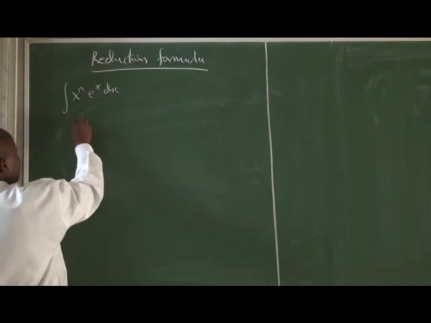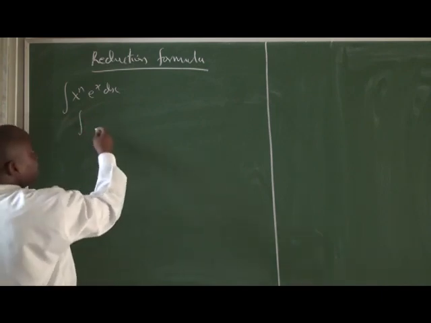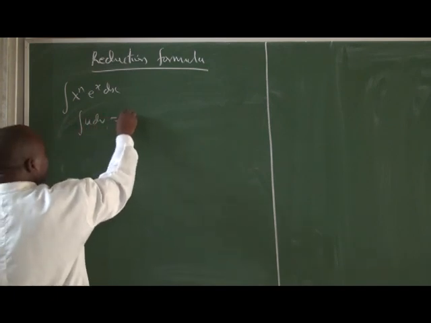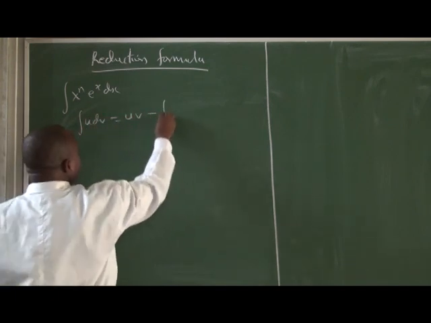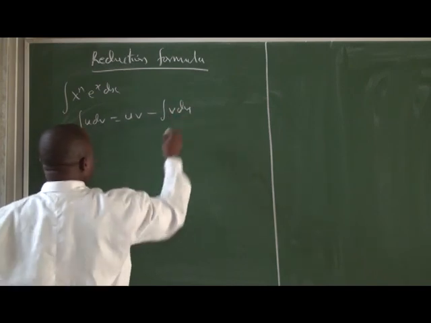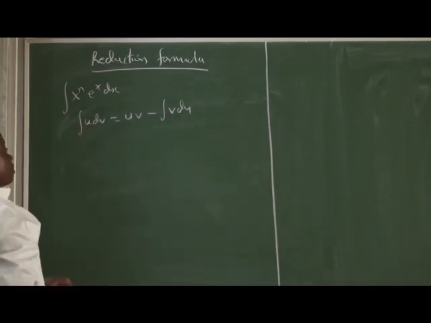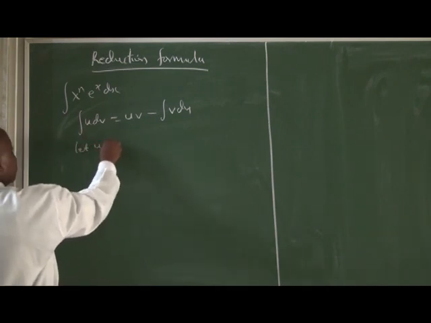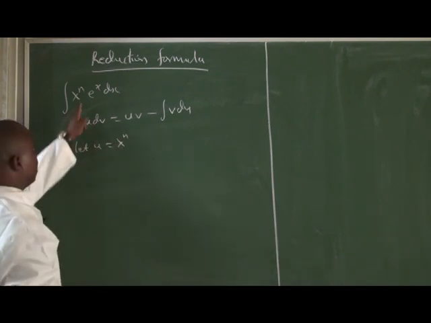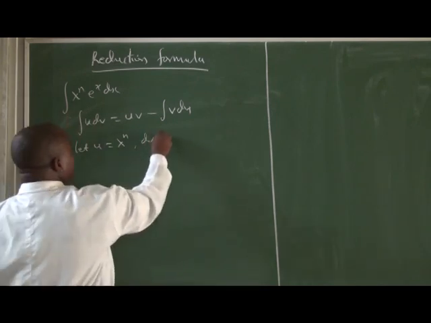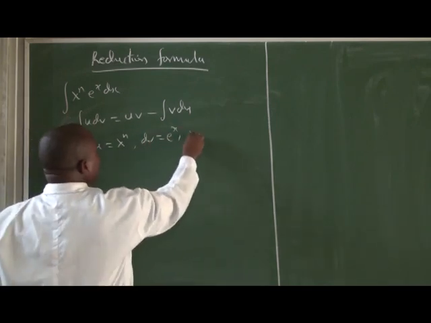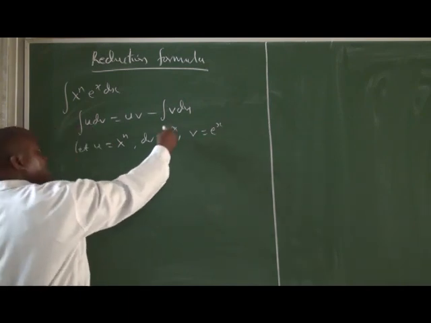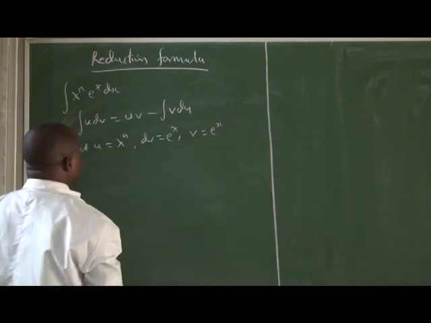I know that from integration by parts, integral u dv equals uv minus integral v du. So here, let u equal x^n. Notice that. Then dv is exponential x dx, which also means that v is exponential x, because if you integrate exponential x, you still have exponential x.